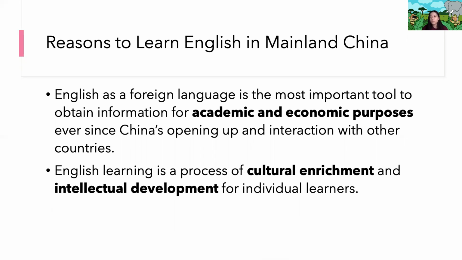We can obtain more information for academic and economic purposes via English, even with people from countries that don't speak English as their first language. Also, English learning is a process of cultural enrichment and intellectual development for individual learners.